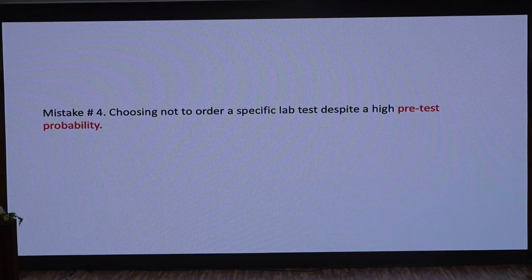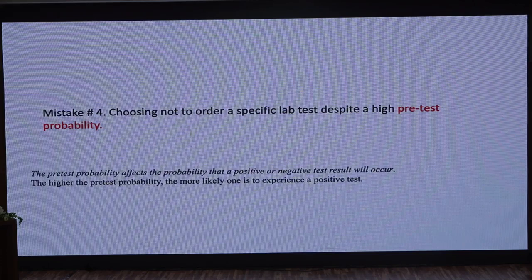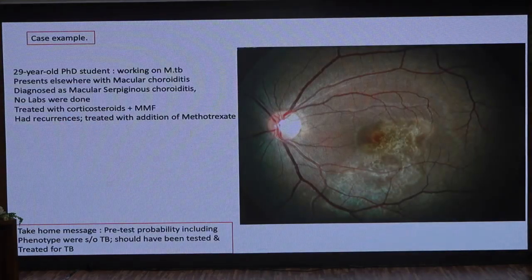So please do not order a TB test for him, because if your pre-test probability is low, I will not go into post-test probabilities, but the likelihood of the diagnosis being made is wrong. Pre-test probability affects the probability that a positive or negative test will occur. The higher the probability, the more likely you are to get a positive test and the more likely you will treat.